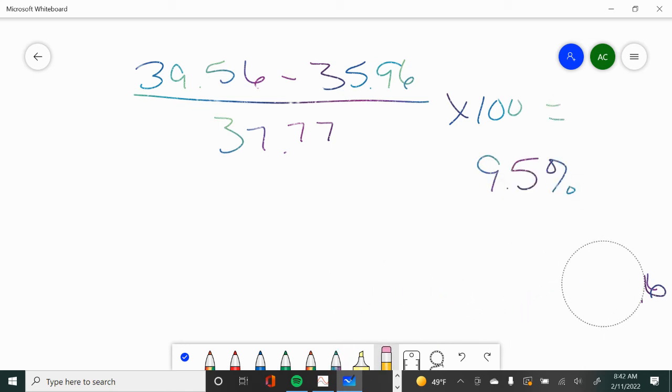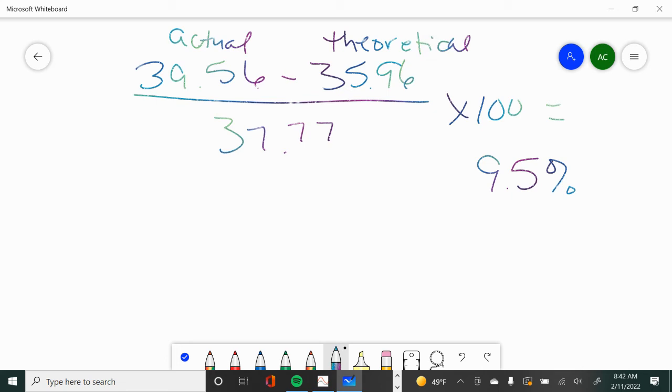My numbers are going to be different from your numbers. This was my actual that I got off the graph. This is my theoretical that I just calculated from the equation in number 11. And this is the average of those two numbers.